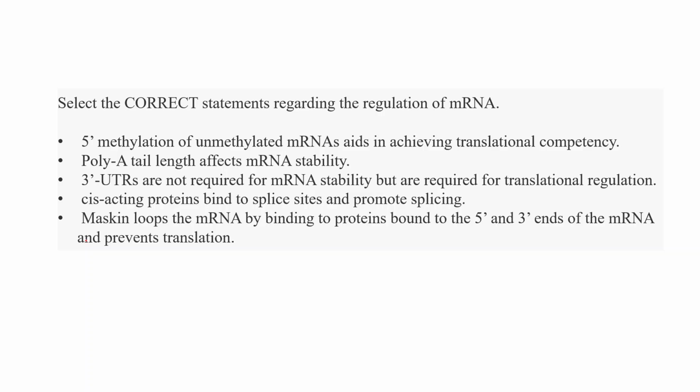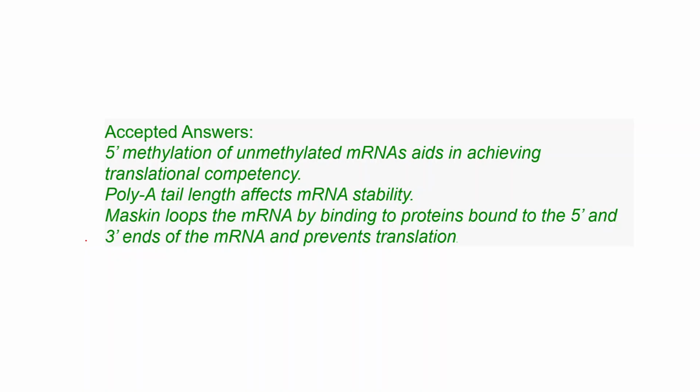Okay. Let us discuss this now. So the correct answers are: 5' methylation of unmethylated mRNAs aids in achieving transcriptional competency, poly-A tail length affects mRNA stability, and masking loops the mRNA by binding to proteins bound to the 5' and 3' ends and prevents translation.